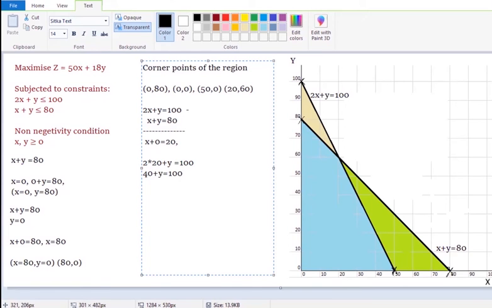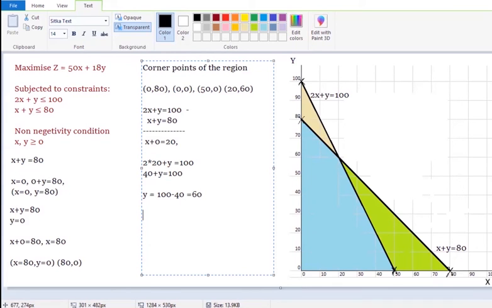So y is equal to 100 minus 40, which is equal to 60. So what is the intersection of these two lines?